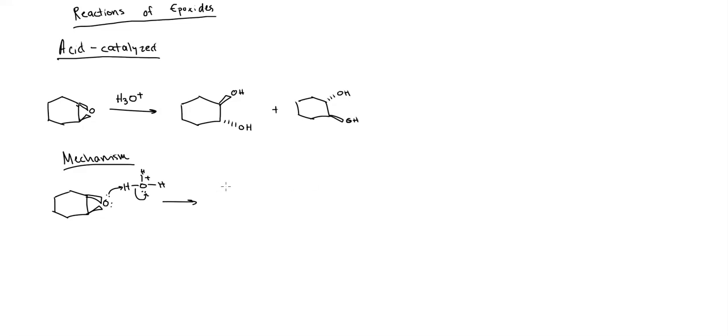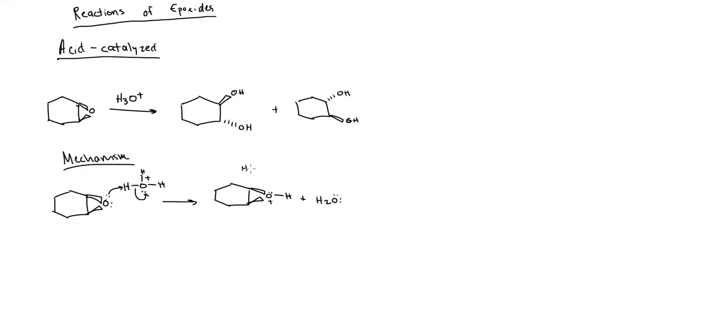And then what that gives me is this protonated epoxide here, which is very reactive, right? And then I also get water. Okay. So now I have water with this, and I have more water in solution.